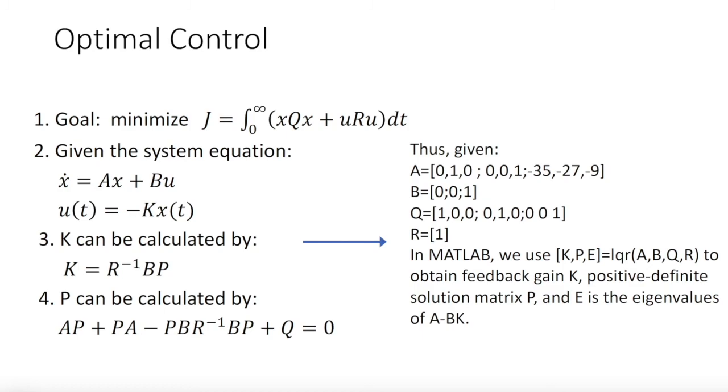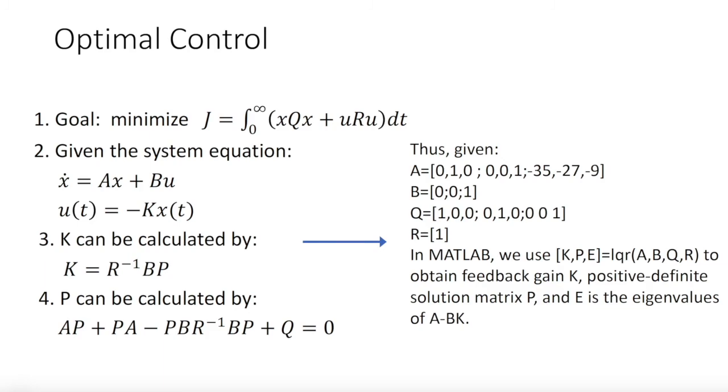As we know, the K will be defined as R inverse B transpose P, and the P should satisfy the last equation. In order to define it in MATLAB, we are going to have the A, B for the system and the Q and R for the cost function.